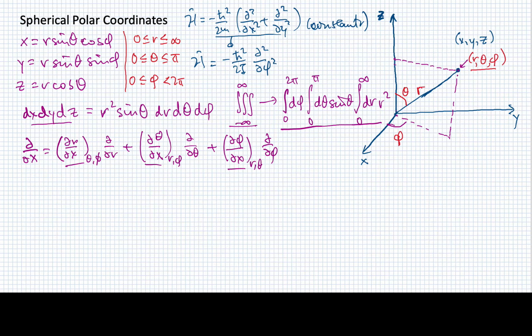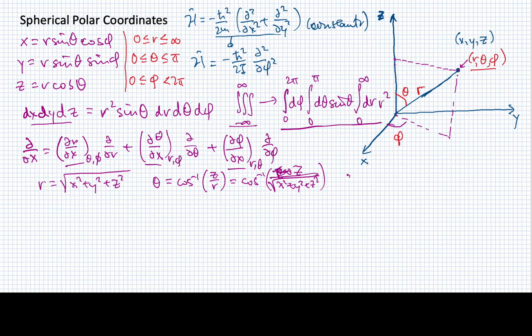I'm not going to drag you through that exercise, but I will tell you that it's helpful to know that we can write r as the square root of x squared plus y squared plus z squared. We can write theta as the inverse cosine of z over r, or the inverse cosine of z divided by the square root of x squared plus y squared plus z squared.